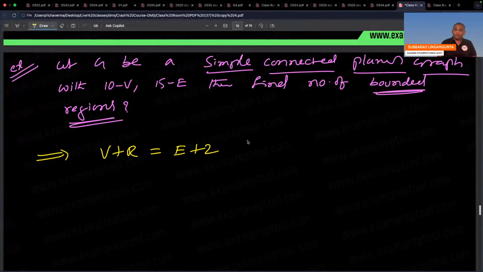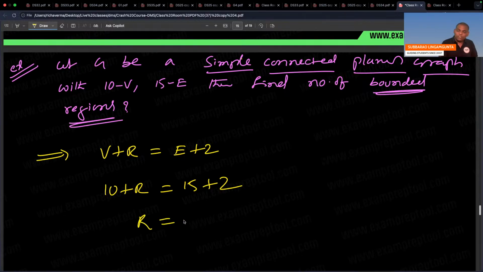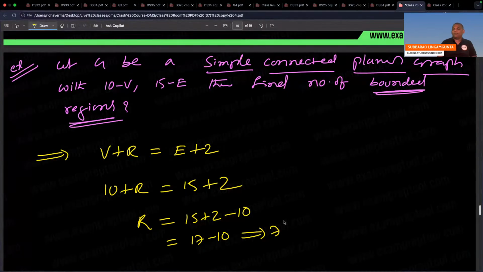Vertices are given, regions we don't know, number of edges also given, plus 2. So the number of regions is 15 plus 2 minus 10, which is 17 minus 10, which is 7. 7 regions are there.